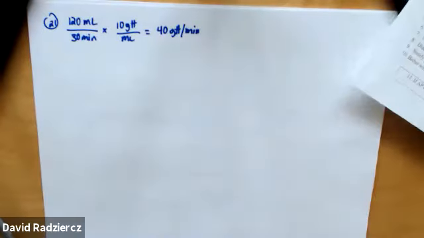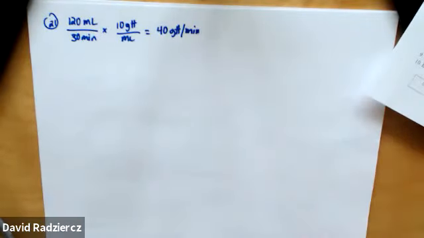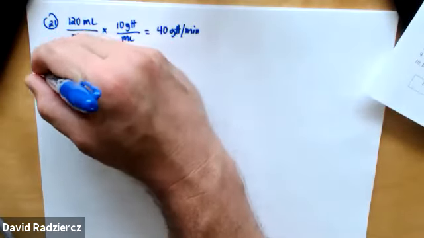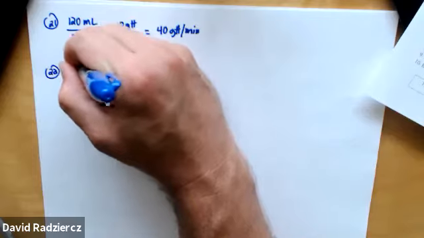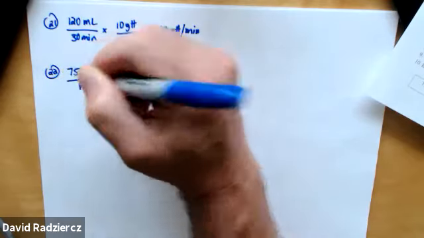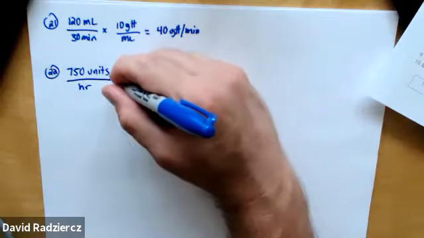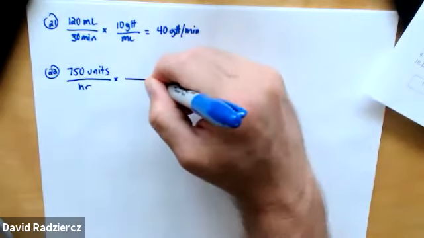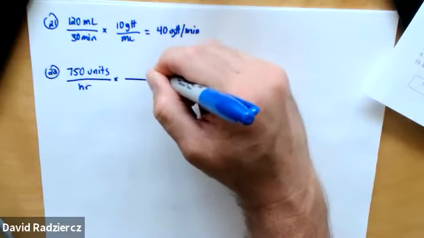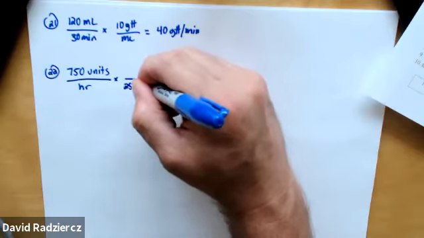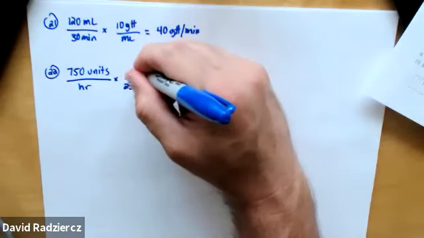So what you're going to do here is take what is given to you. This is question 22, the 750 units per hour, times... I don't want units, I want milliliters. So I have 25,000 units of heparin in a 1,000 milliliter bag, right?